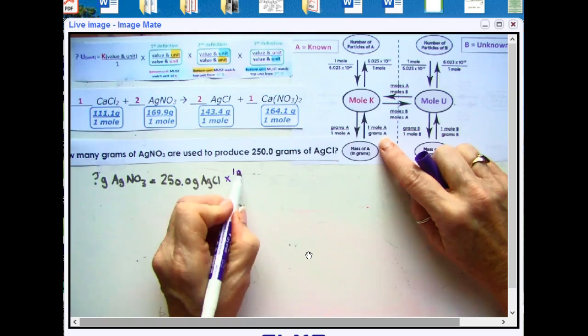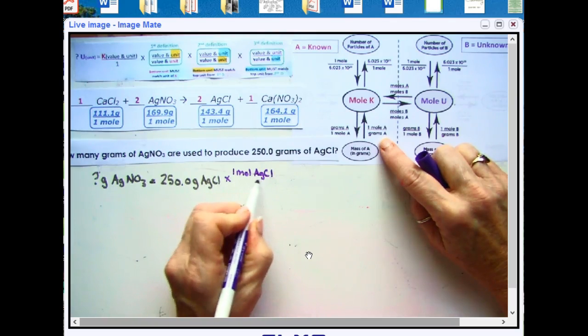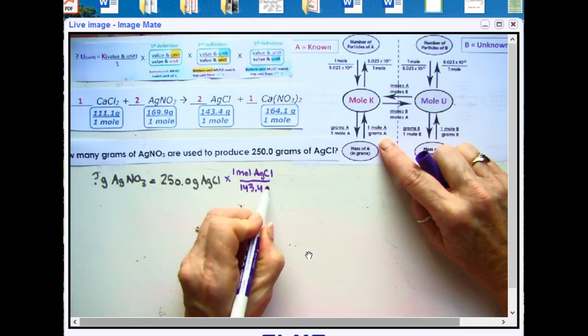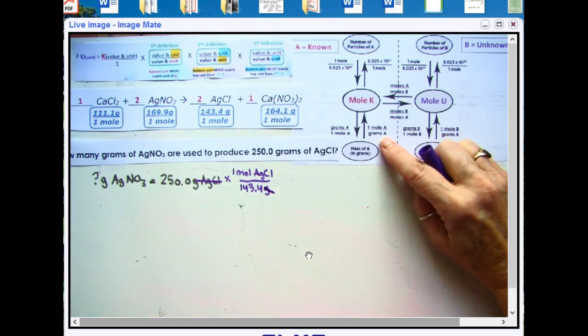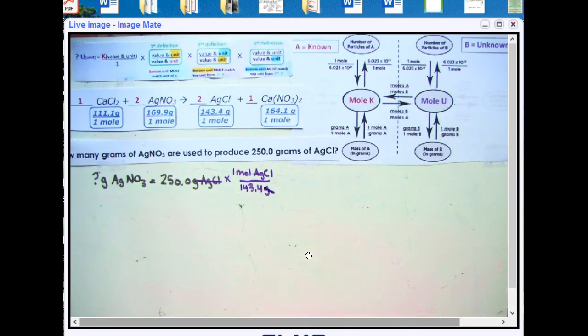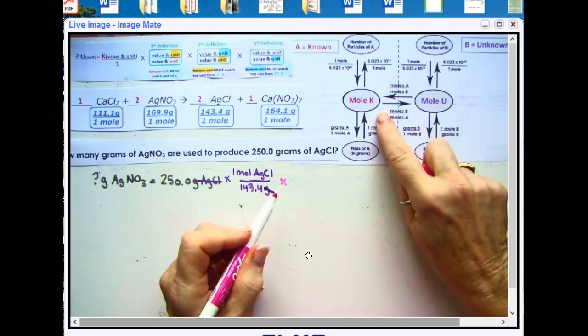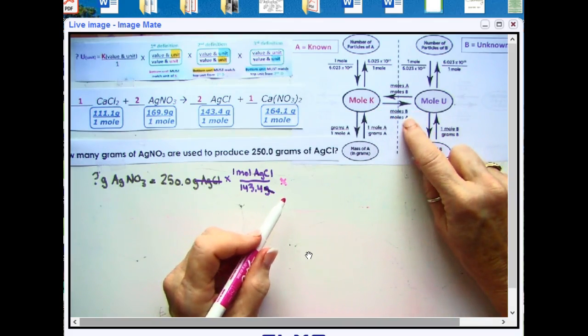So I'm going to say 1 mole of AgCl is equal to 143.4 grams. Notice that will cancel. Now I'm up to moles of the known. So now that I'm there, because it says 1 mole, I'm going to go over to moles of U, which is using moles of the unknown over moles of the known.